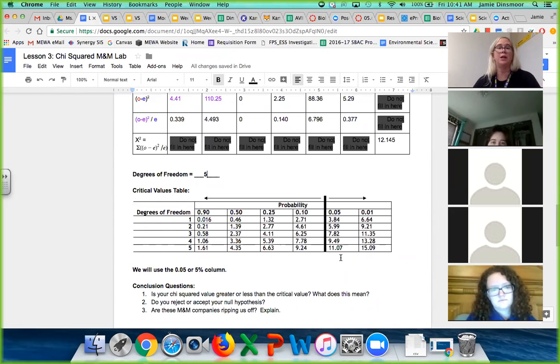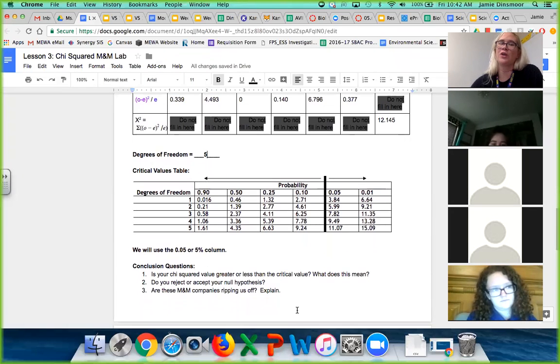There's no difference. Any difference you see is due to chance, that's it. If you got a value higher than 11.07, you are going to reject your null hypothesis. I know it sounds really intense, like I should have a gavel, like reject, right? So I would reject my null hypothesis. Something's going on with my M&Ms. They are statistically different.